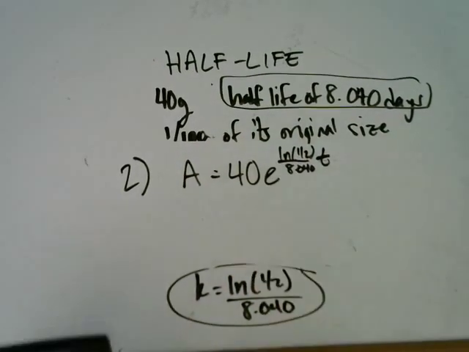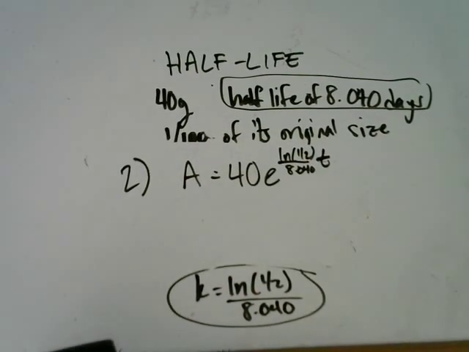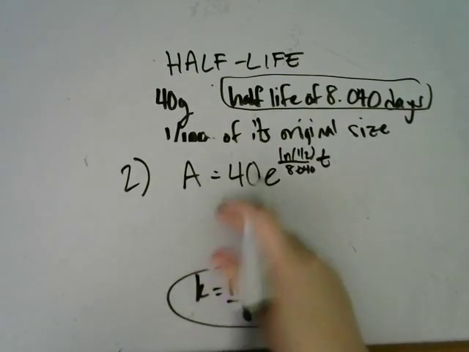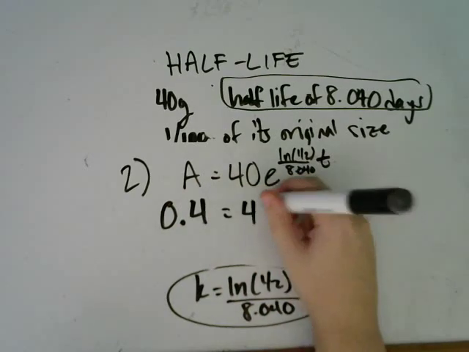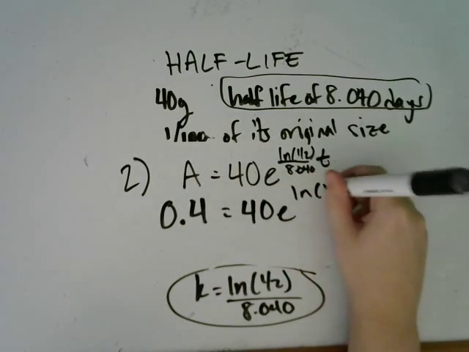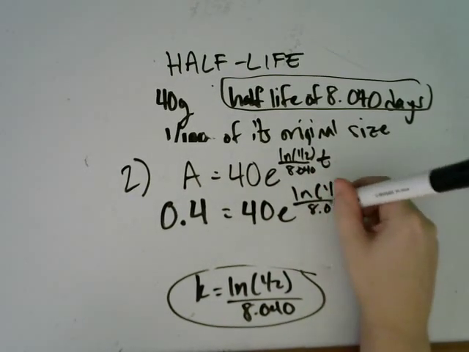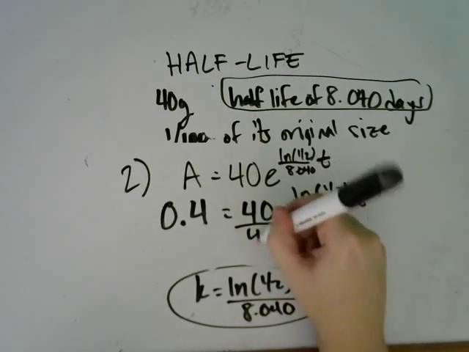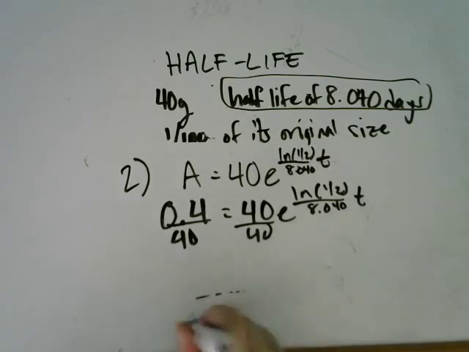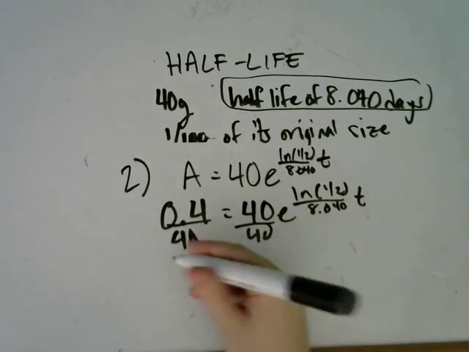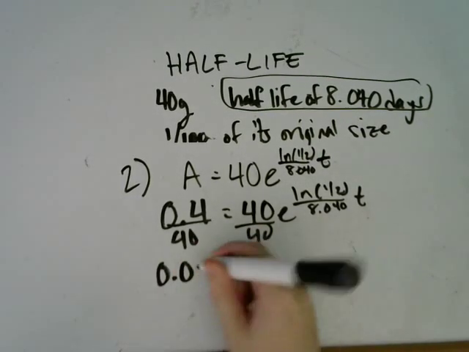Well, the original size is 40, and 1/100th of 40 is 40 divided by 100, or 0.4. Watch what happens when we divide both sides by 40. 0.4 divided by 40 is 1/100th.